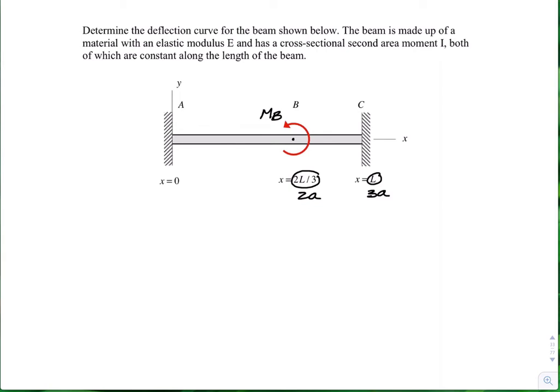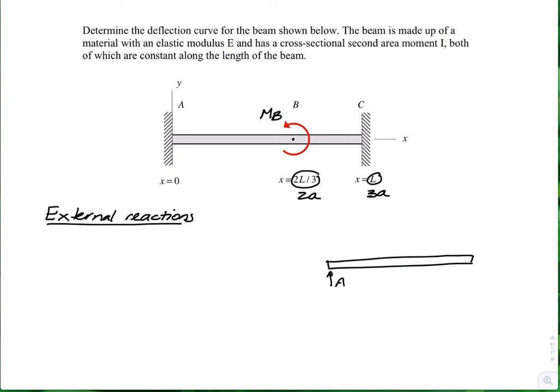So we're going to start out by making an attempt to come up with our external reaction solutions. This requires us to draw a free body diagram of the entire beam. So we have AY and BY.